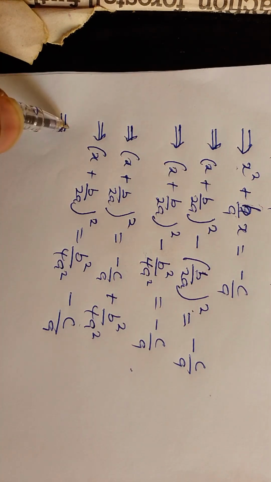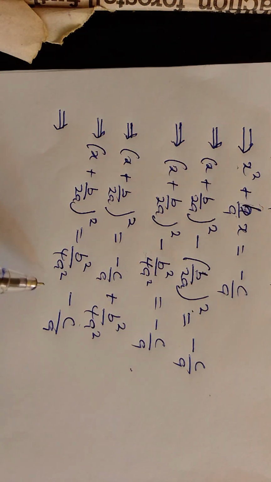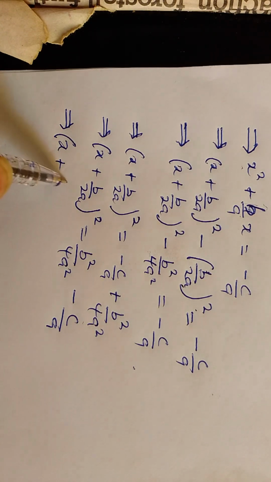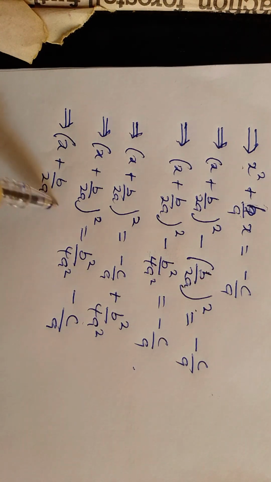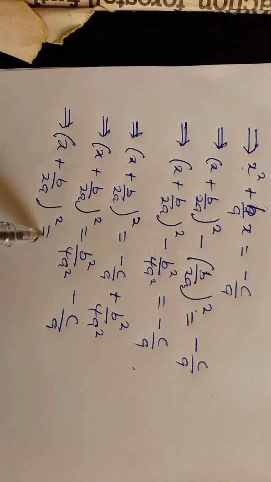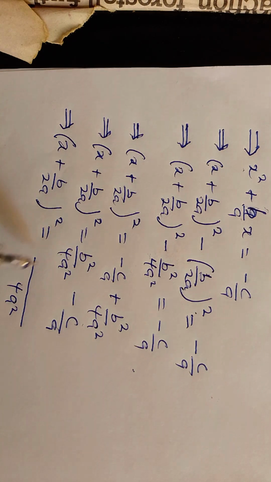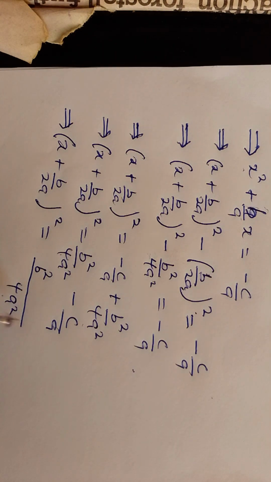Then I can find the LCM of the right hand side, and this will give me x plus b over 2a squared equals, if I find the LCM, it will be 4a squared. How many 4a squared can we see here? That is 1. 1 multiplied by b squared is b squared. And then how many a can we see in 4a squared? That will give me 4a. So I'm having minus 4ac.